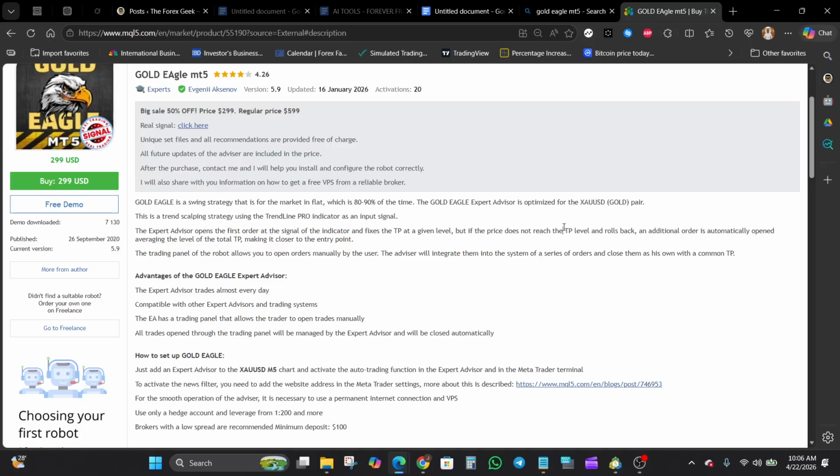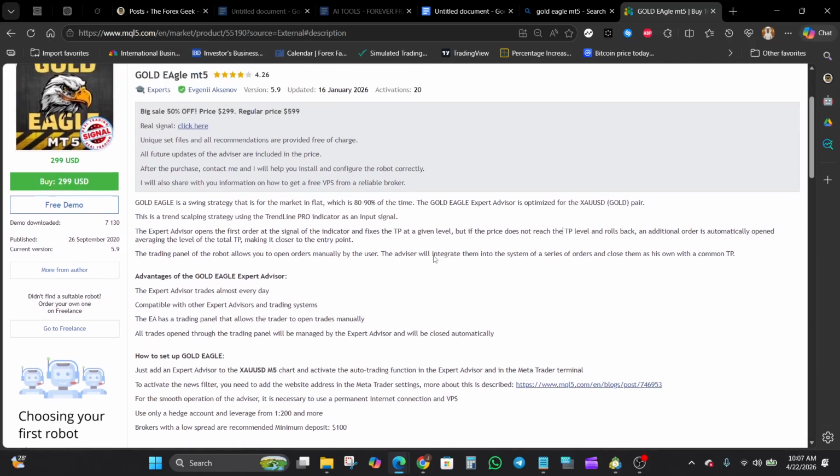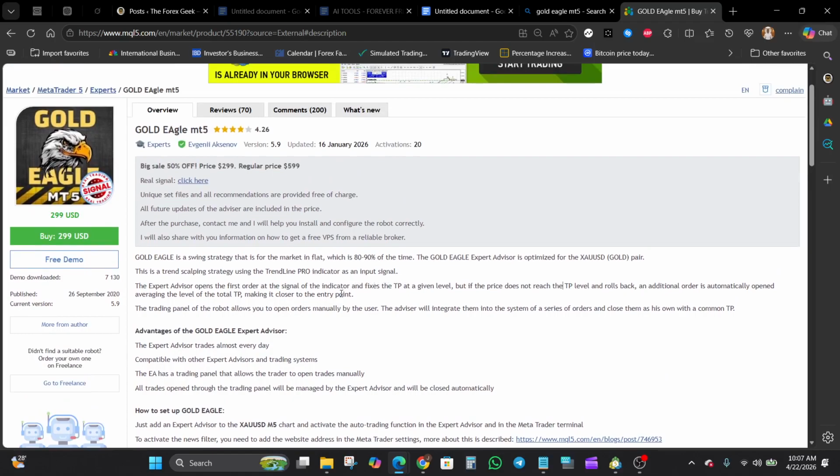Now, what stands out immediately is that it's not just a simple one entry system. It has the ability to open additional trades if price moves against the initial position, effectively averaging the entry. It also mentions integration with a trend-based indicator, the Trendline Pro.